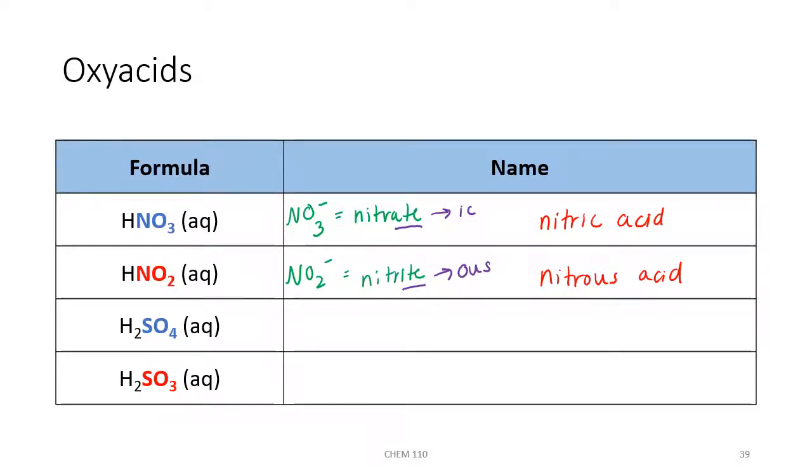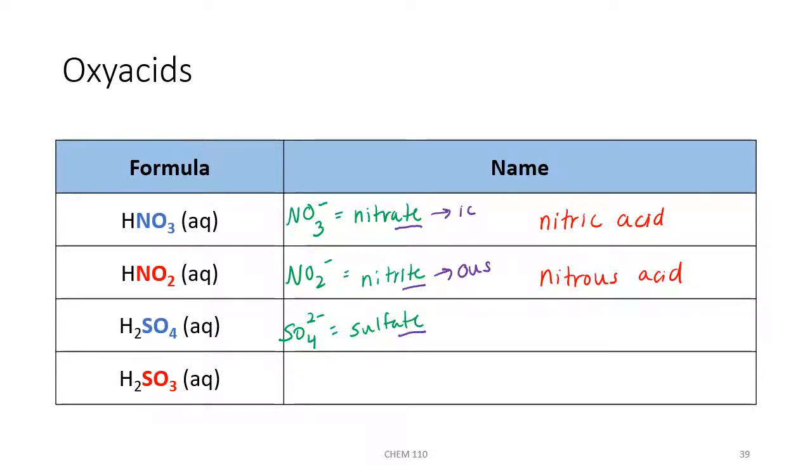That's the pattern that you follow when naming oxyacids, which is another reason it's important to know your polyatomic ions. H2SO4. SO4 has a -2 charge, and the name of this ion is sulfate.